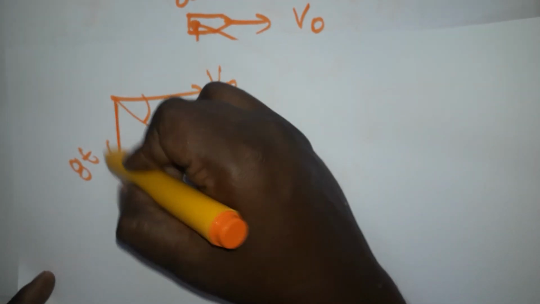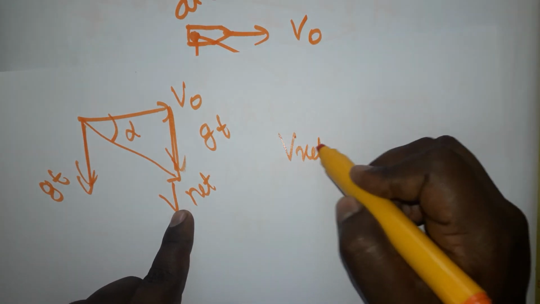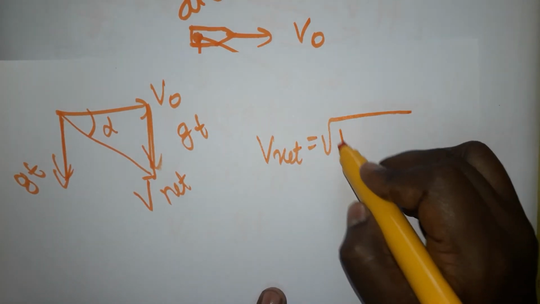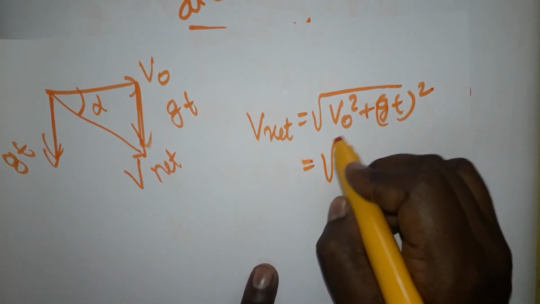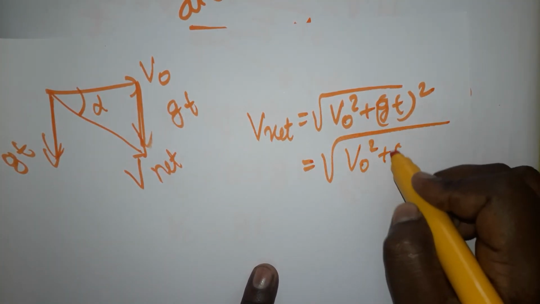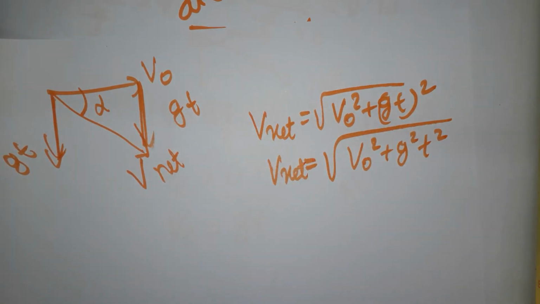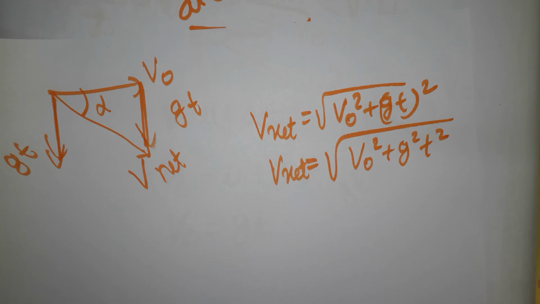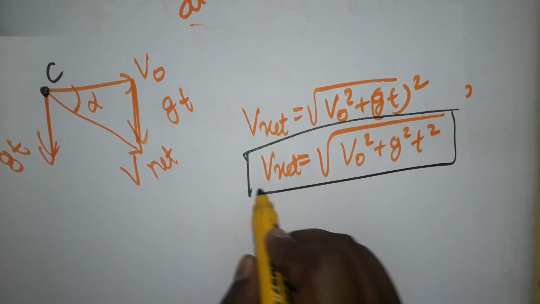For the diagonal side, by Pythagoras theorem, v net is equal to root of v naught square plus gt whole square, so root of v naught square plus g square t square. We got the resultant velocity at the point c.